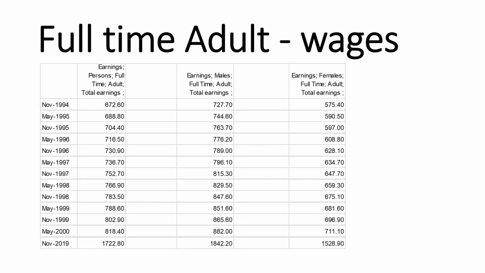Now what I have done is I have calculated the mean and the median of the total population, so the left-hand column. And I found that for the total earnings, so a full-time adult weekly wage, the mean was $1,162.27 and the median was $1,124.10.